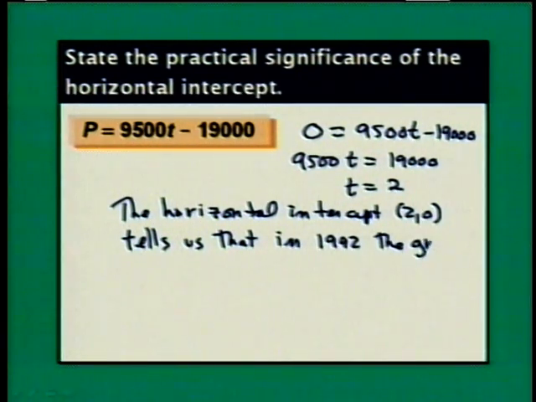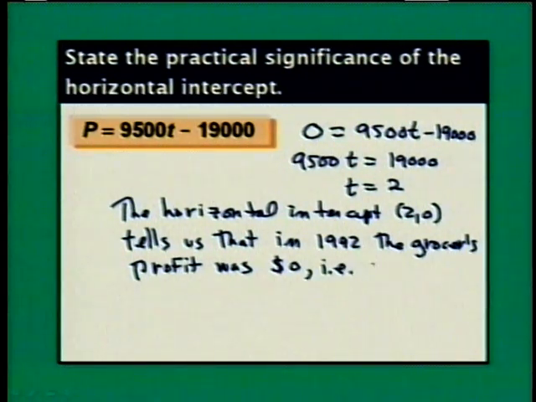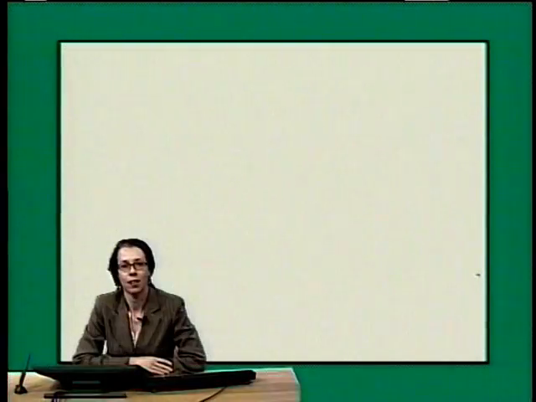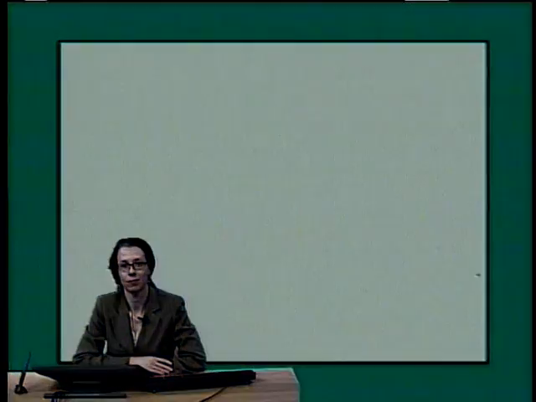The grocer's profit was $0. That is, he broke even. So that's the end of Lesson 20. It's also the end of the Math 60 telecourse.